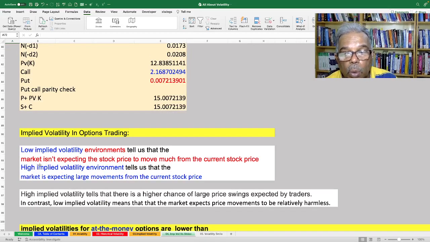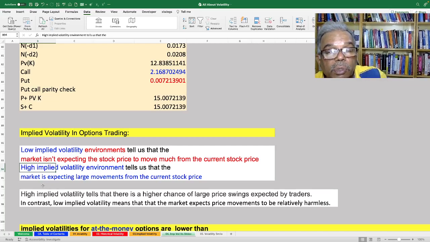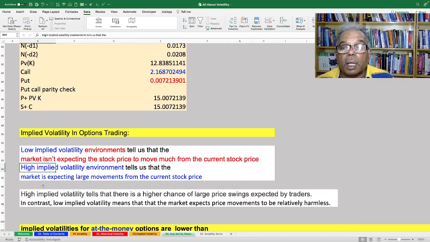A low implied volatility environment tells us the market is not expecting the stock price to move from the current price. A higher implied volatility tells us the market is expecting large movements in the stock price. So implied volatility always gives a forward-looking estimate of how the price will move. It is also dynamic.